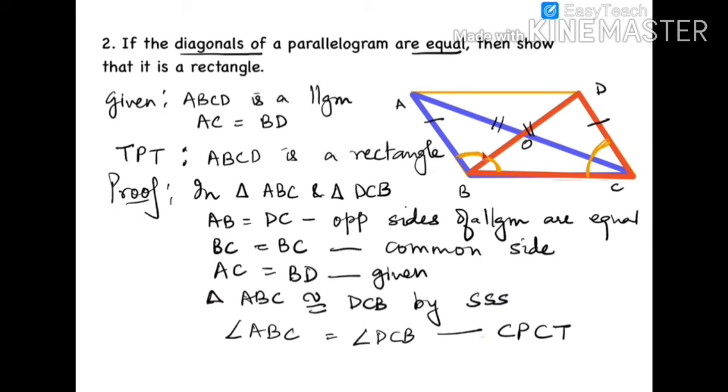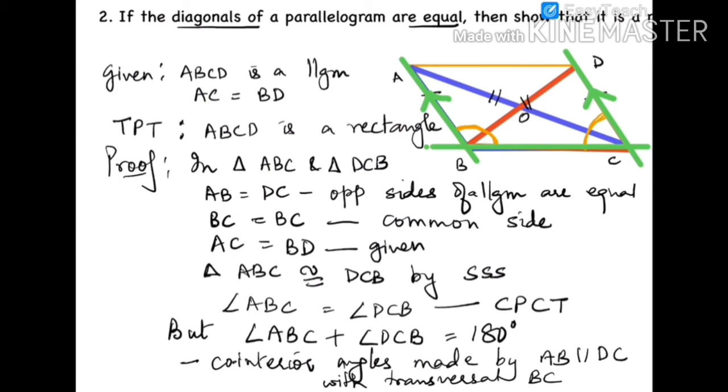Now observe in the figure that these two triangles are on the same side of the line BC and contained between the lines AB and DC, which are parallel. So AB parallel to DC, as this figure is a parallelogram, is cut by a transversal BC. So these angles, angle ABC plus angle DCB, add up to 180 degrees as they are co-interior angles.